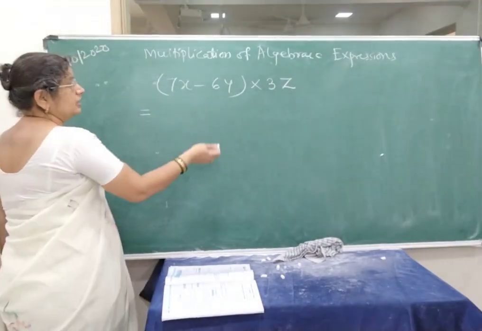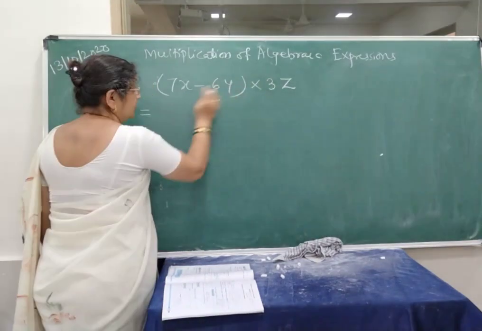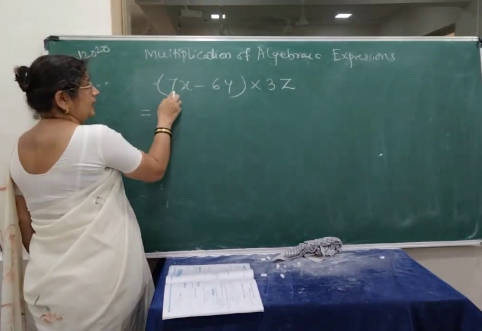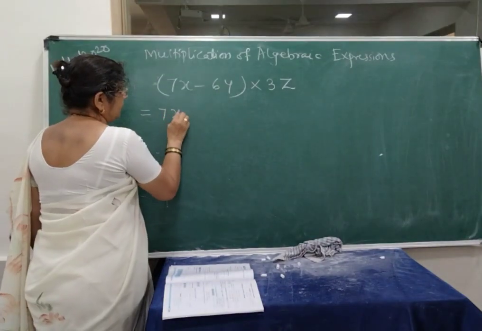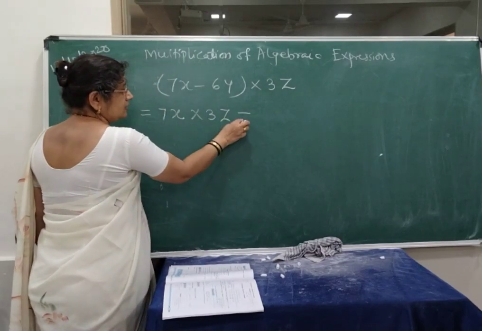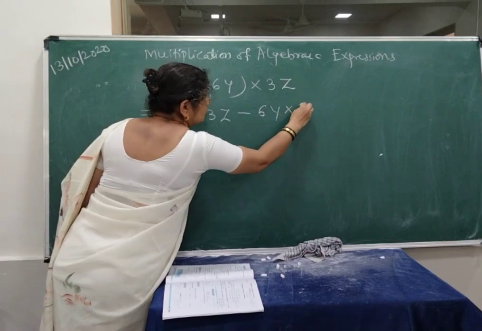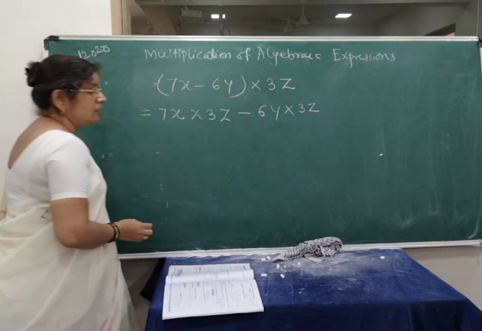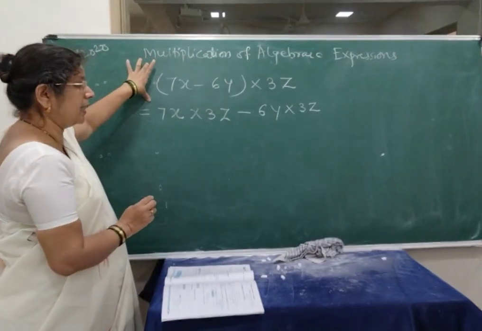When you are opening the bracket, each term will be multiplied by the outside term. So I am opening the bracket: 7x into 3z, minus sign as it is, then I multiply 6y into 3z. Term to term multiplication I have done.